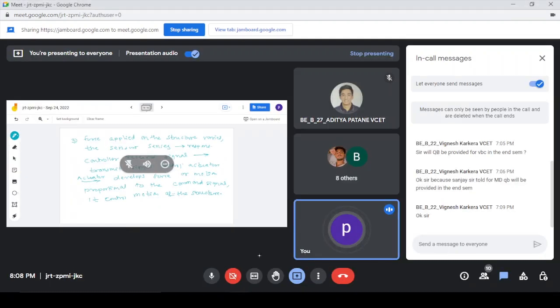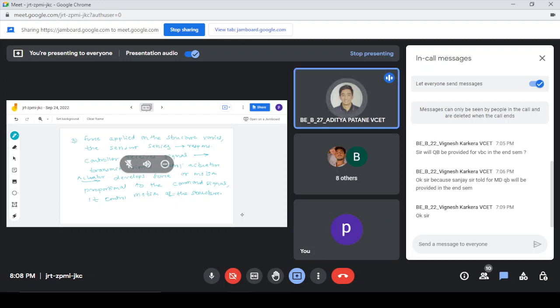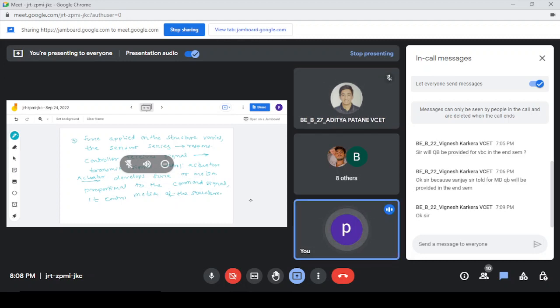Hope you understood somewhat. Any questions related to this? Hello. No, sir. No question. Okay, whether you understood this little bit, active vibration control is what, how does it do?